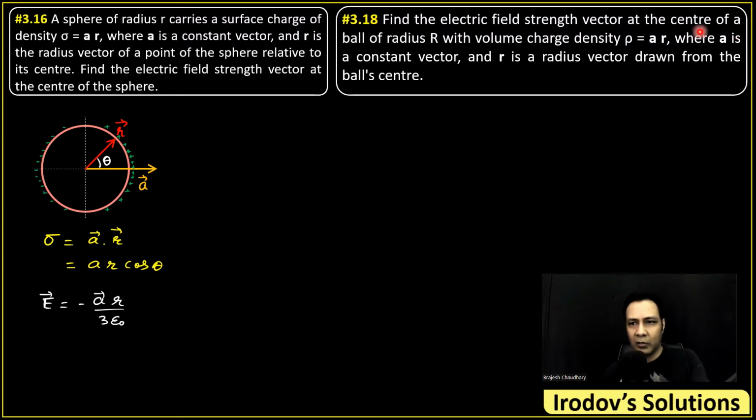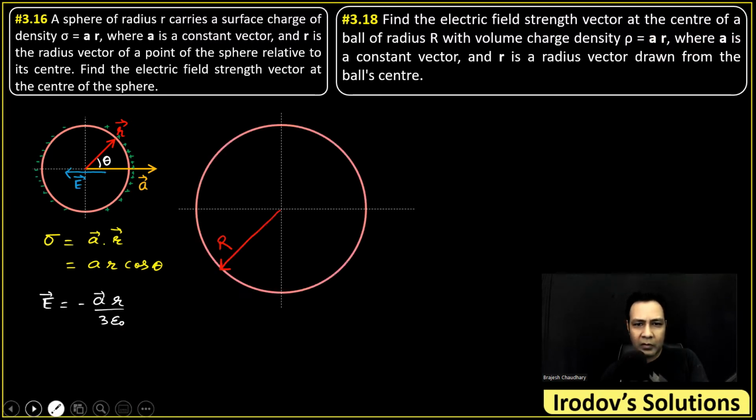Now look at this question here. There is a sphere of radius R, and in the sphere there is a volume charge density rho equal to a dot r. We can build this sphere from many shells whose radius varies from small r to R, and here is that vector a.